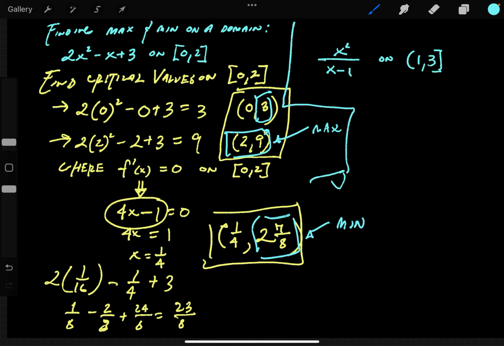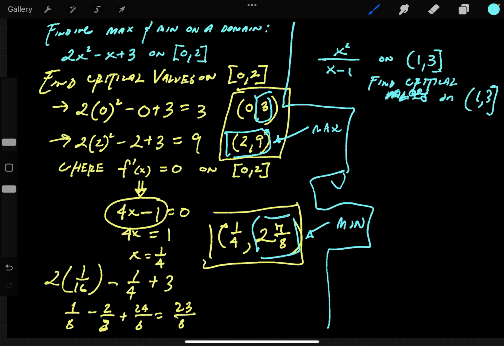Now, to do the next one, you follow the same procedure. You sit here and find the critical values. They've excluded 1 because this function is not defined at 1. It's a nice thing that they've excluded it for us, so we don't have to deal with it.